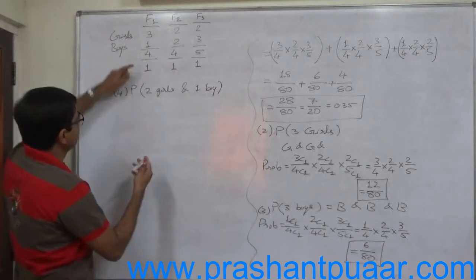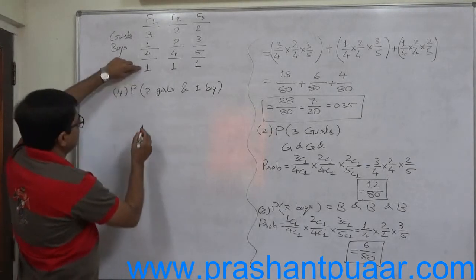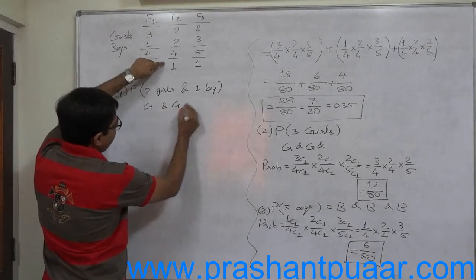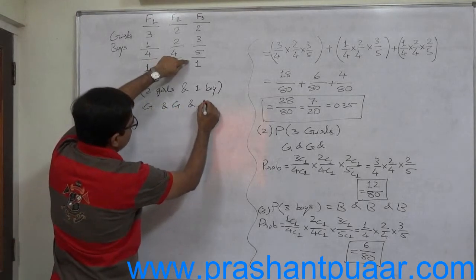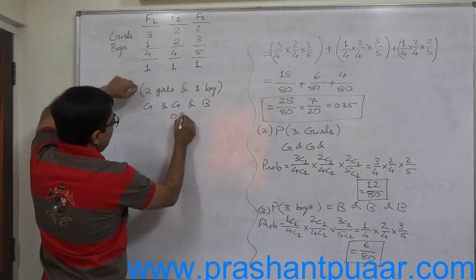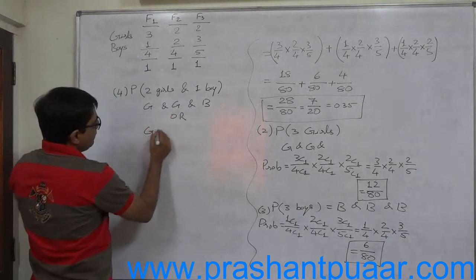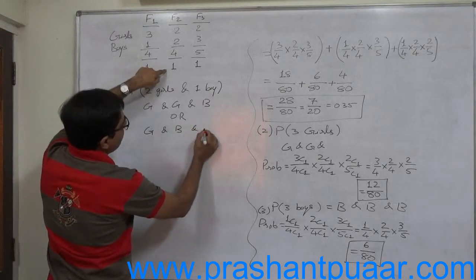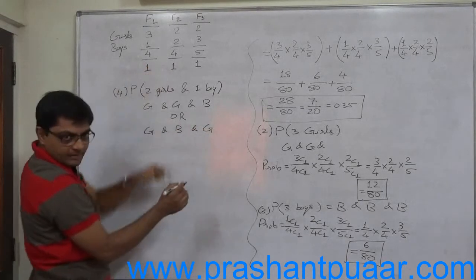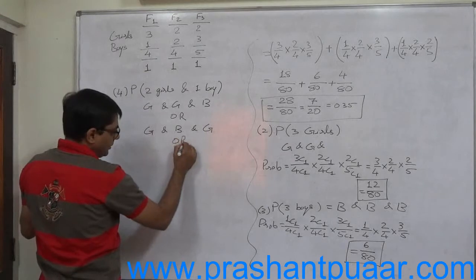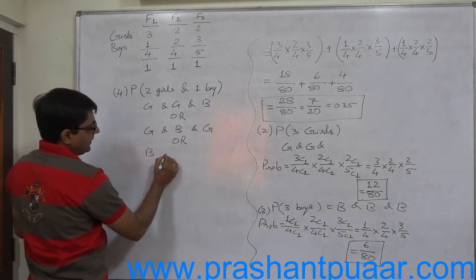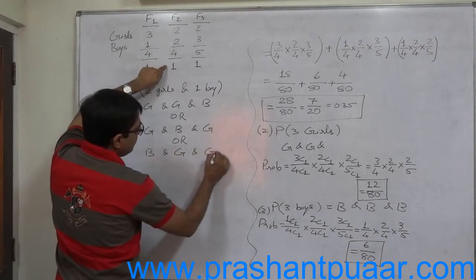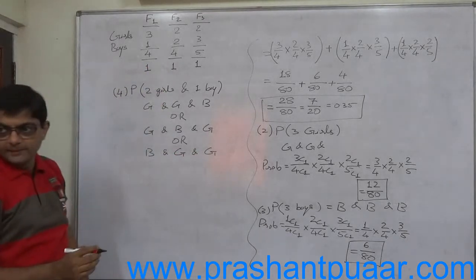Which three ways? Girl from the first family and girl from the second family and boy from the third family, or girl from the first family and boy from the second family and girl from the third family, or boy from the first family and girl from the second family and girl from the third family.